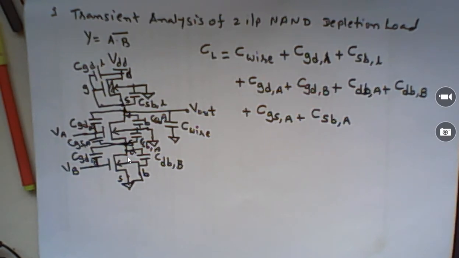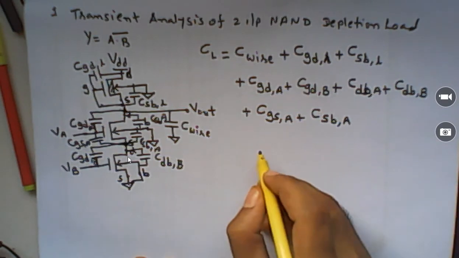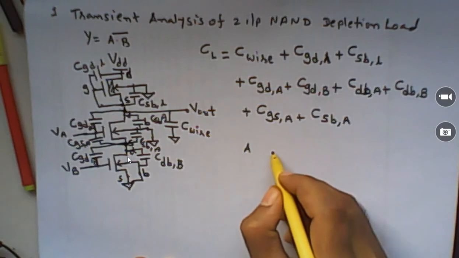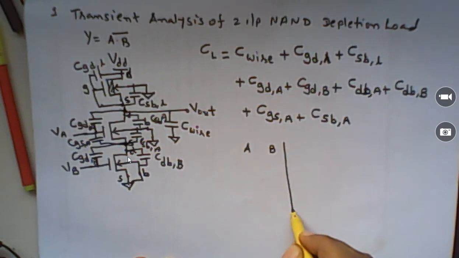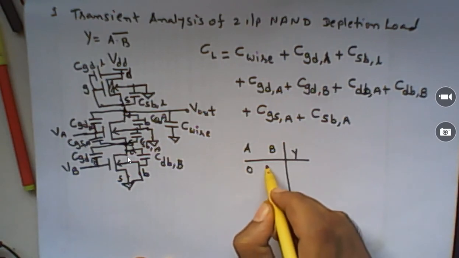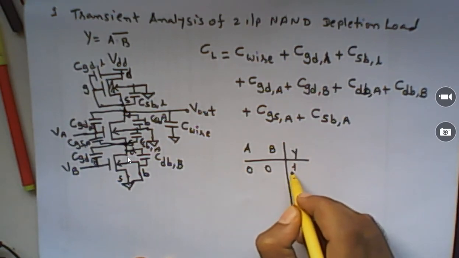To calculate the propagation delay we do its transient analysis. Now let's take two cases. In a two input NAND gate, looking at the truth table for A, B and Y: when both inputs are 0, 0, the output is 1.